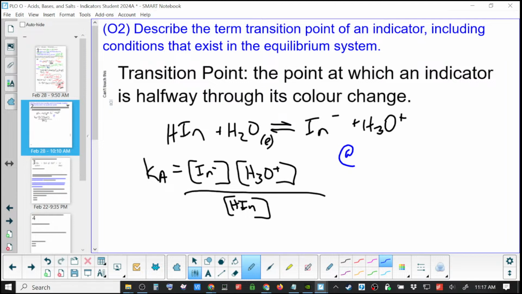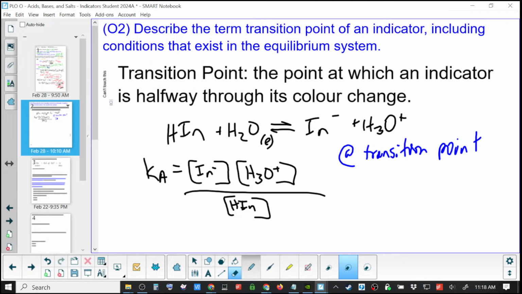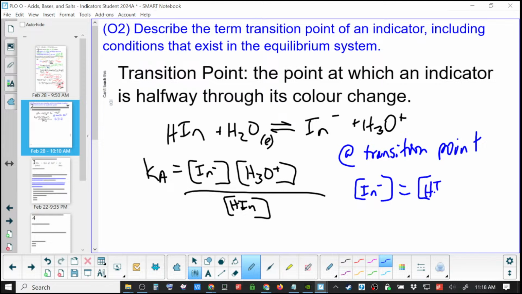At the transition point, the concentration of IN minus is equal to the concentration of HIN. What can you do with numbers that are identical in a formula? Cancel. Cancel these out.